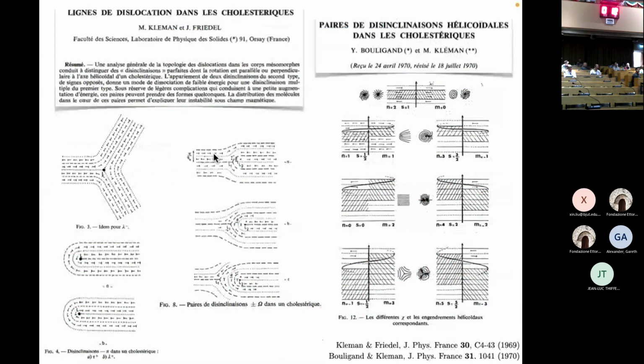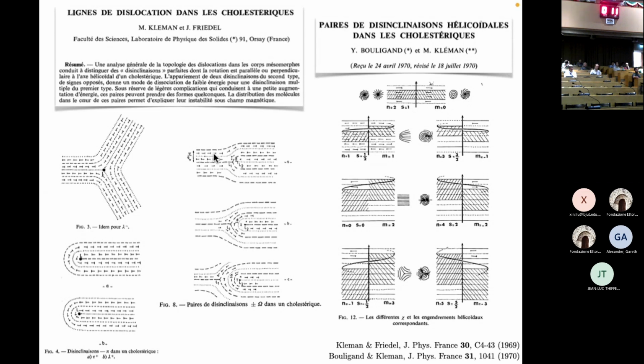And I should also say that, of course, there's been theoretical ideas on this going back a long time, going back to, I think, 1969 and then 1970 from the French group, which provides a description of the different things that you see and a formalism for thinking about what they look like structurally and how you should name them, which is a little bit analogous to the sort of homotopy classification of defects that I mentioned briefly at the start.